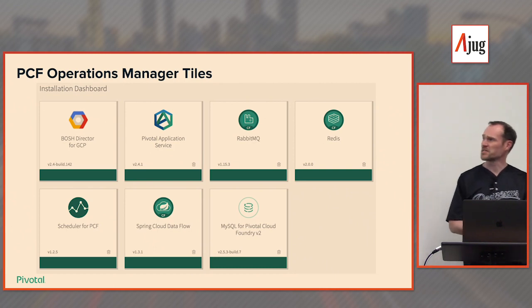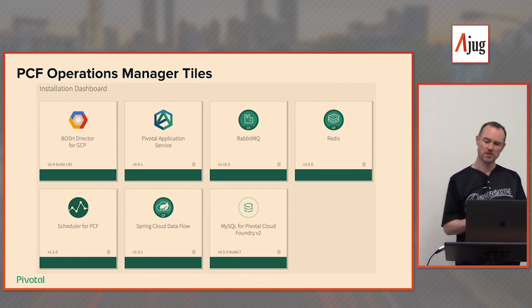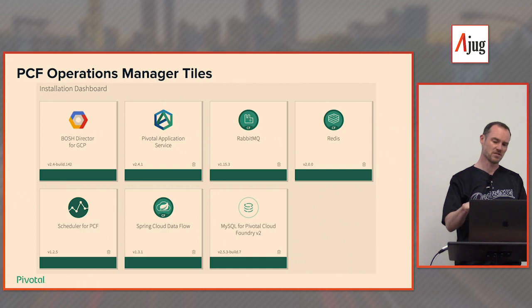So, talking about tiles, these are the pretty squares that we have. Within Pivotal Cloud Foundry, we've got this screen or this service called Operations Manager. You install these different products within Operations Manager. Under the hood is this component or service called BOSH, and I'm not going to get into that, but all of these tiles use a technology called a BOSH release that is managed by Operations Manager.